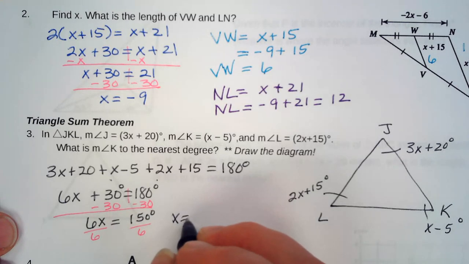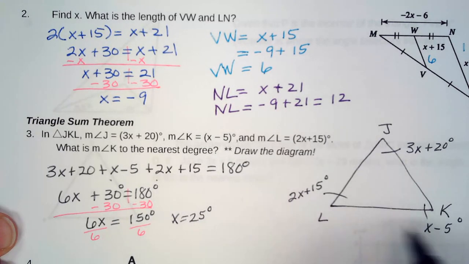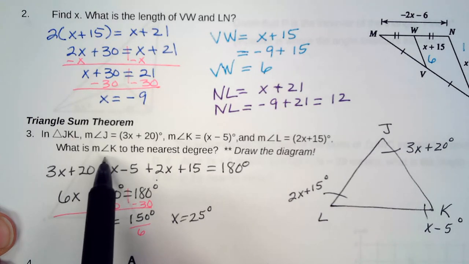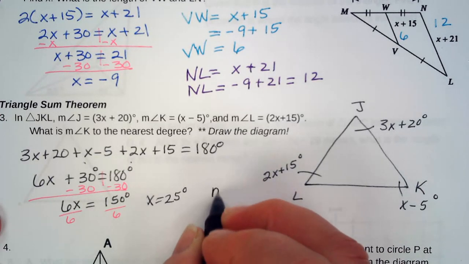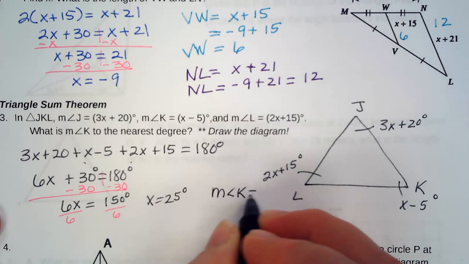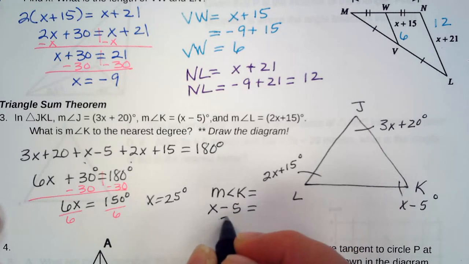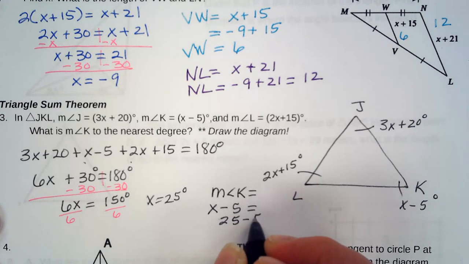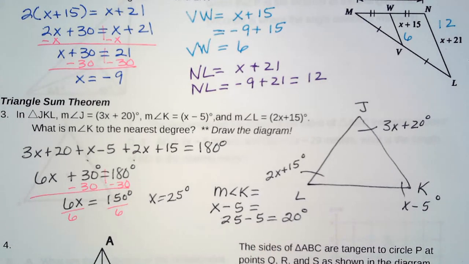So x is equal to 25 degrees. Now, I can easily find any of these, but it asked me to find the measure of k. So the measure of k is x minus 5, which gives me 25 minus 5, which is 20 degrees.